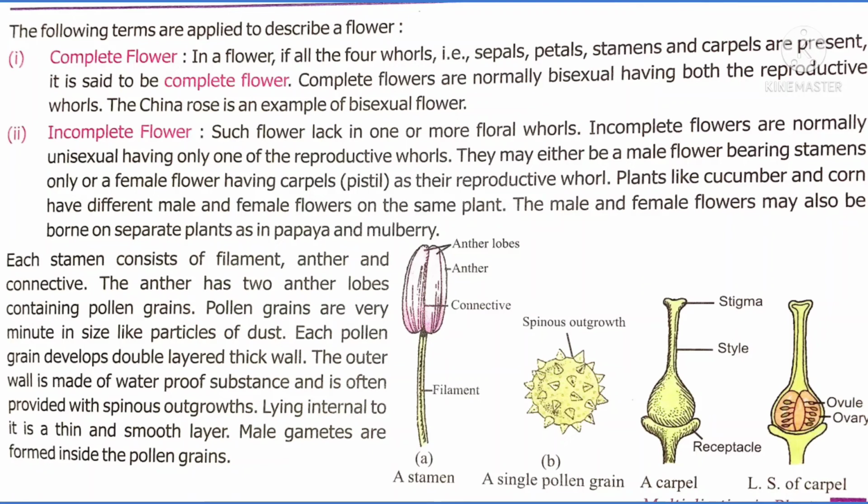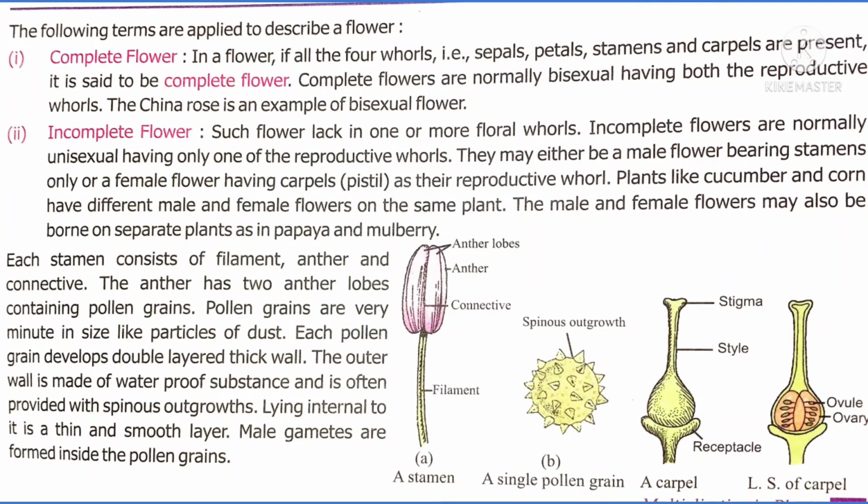In the same way, the carpel, the female part of the flower, consists of three major parts: stigma, style and ovary. Inside the ovary develops the female gamete called the egg.